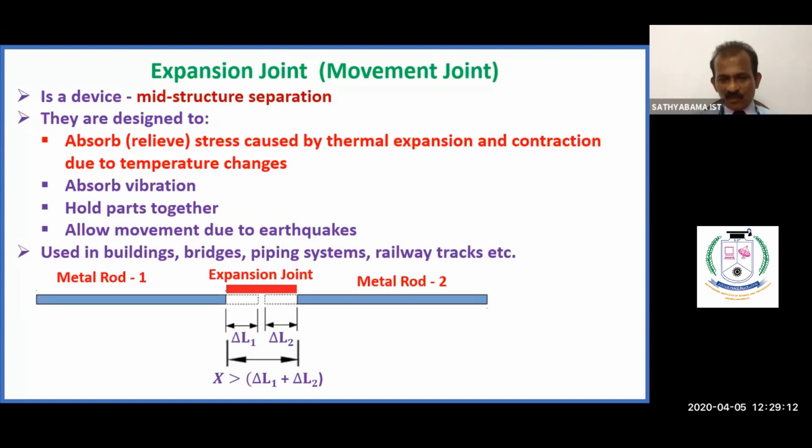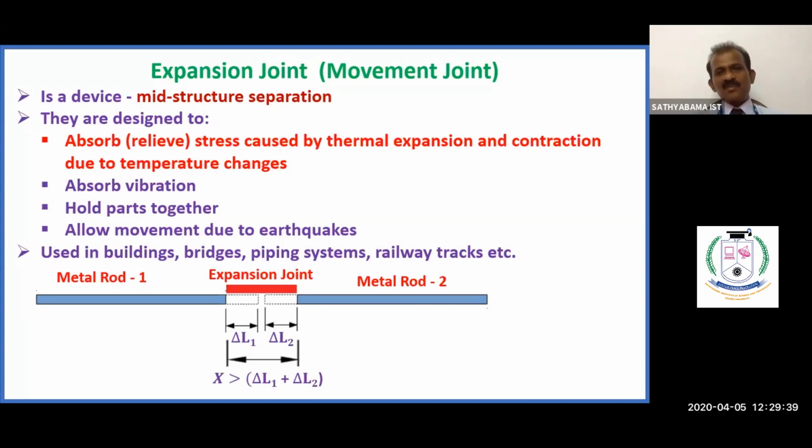Therefore, we have to provide a space between the two metal rods greater than the addition of these two, and apply some other material like joint material between these two to fill this gap. Finally, we can connect these two rods without any problem from the strain produced by the change in temperature.